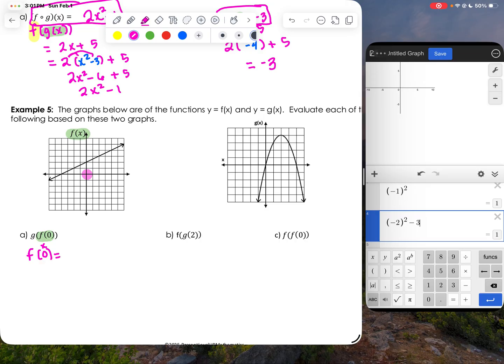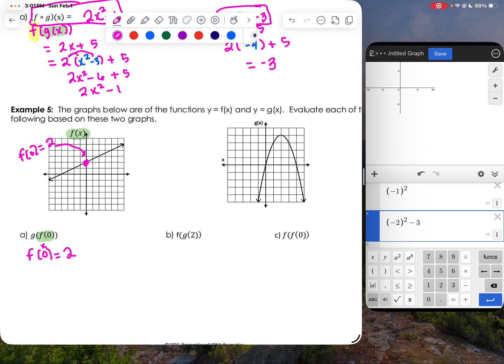What is the function value right there? So this would be right here. Let me label it: f of 0 equals 2, and that's this value right here. So I know f of 0 is 2. The x value is 0, the y value is 2.